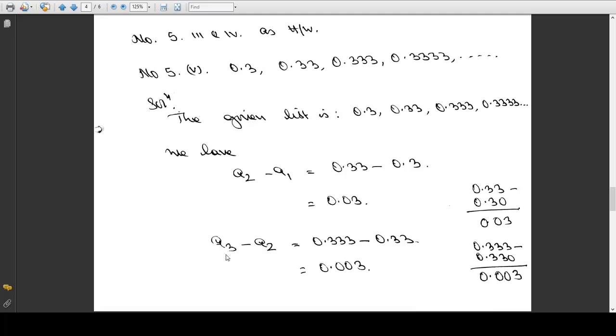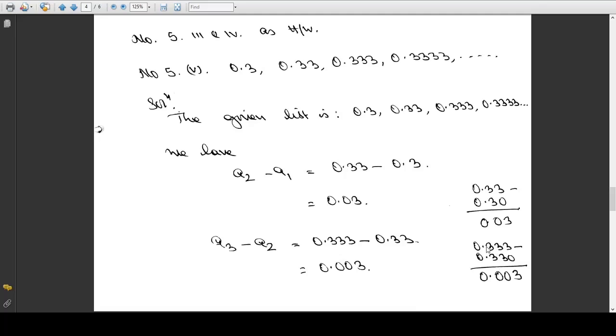Now the difference between the third and second, see here also the same thing. Here you have 3 decimal places, here you have 2 decimal places, you just add 0 here so that both have the same 3 decimal places.